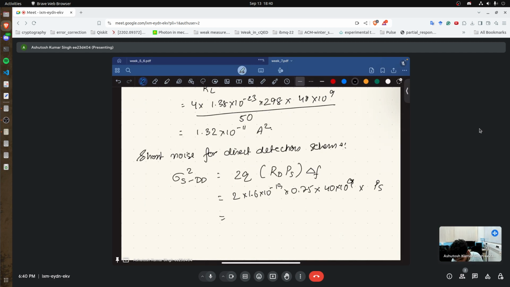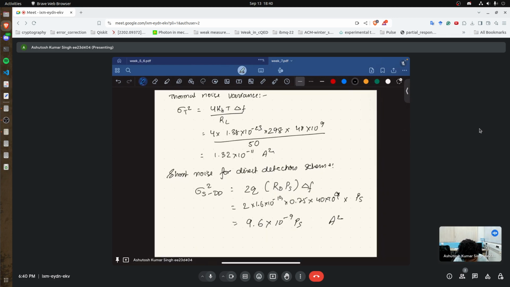This turns out to be 9.6 into 10 raised to the minus 9 PS amp squared.